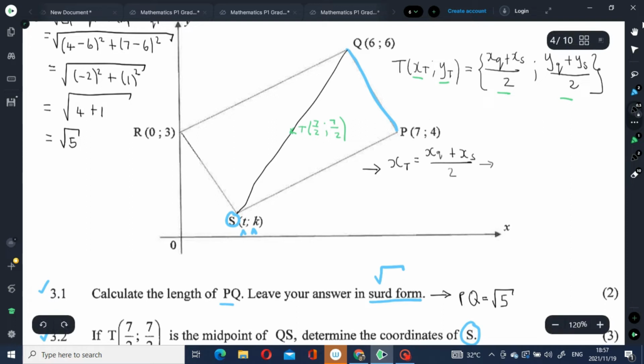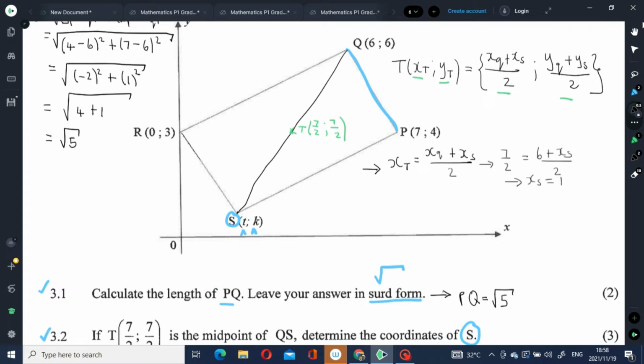So this implies that 7 over 2 should be equal to 6 plus x of s divided by 2, right? So this implies that x of s should be 1, because 6 plus 1 over 2 gives you 7 over 2.